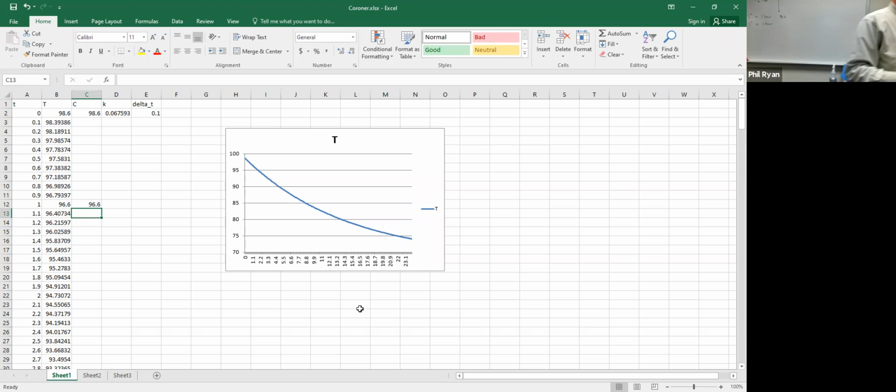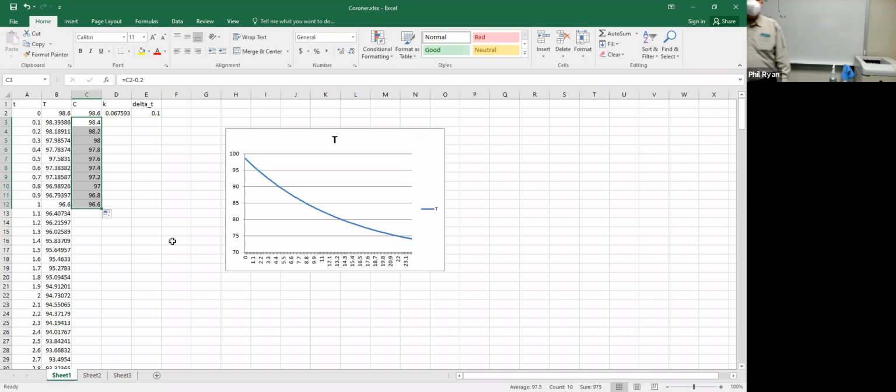Okay, so that's how we can do it. So we can just go here, and in cell C3, we just put equals C2, because that's what the previous thing was, and we just do minus 0.2. And then we just copy and paste, and it does it for us.